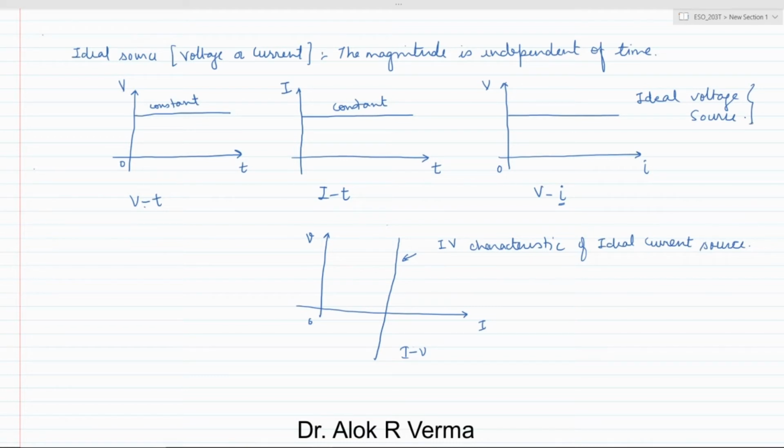These are the ideal source conditions. Practically, there is no ideal source, but for analysis purposes, we can always assume that the given battery is not losing its voltage irrespective of the current drawn from its terminal.